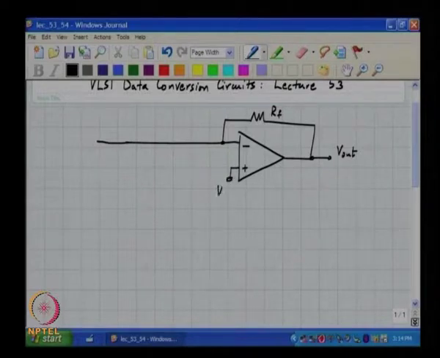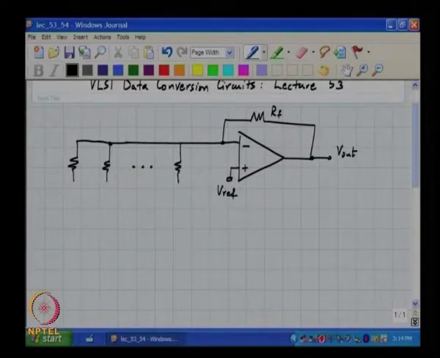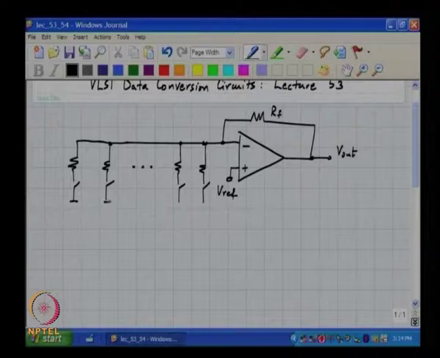This was say Vref, and we had conductances in this fashion, each of them connected to ground and controlled by a bunch of switches.